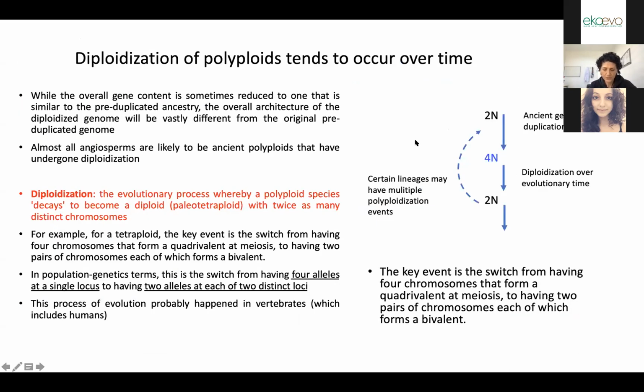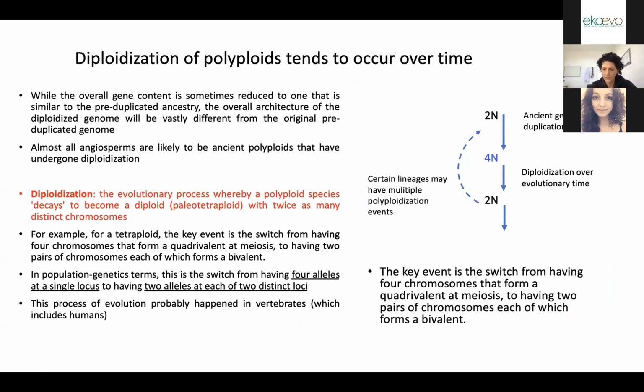There is another process after the polyploidization, the diploidization process, which means that the polyploid individual decreases its chromosome number because they will have a problem with homologous chromosome compatibility. So during meiosis, they decrease their chromosome number, but it doesn't have to decrease the gene numbers.